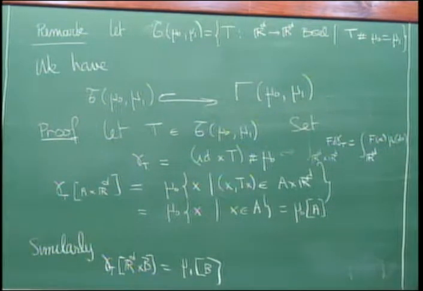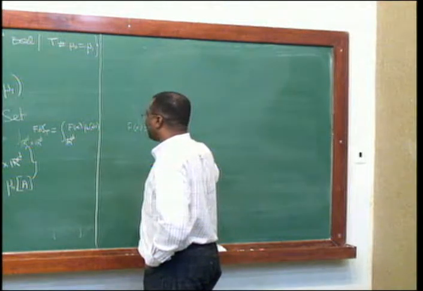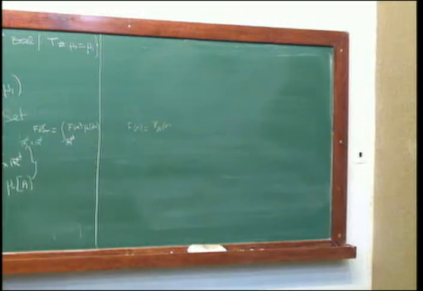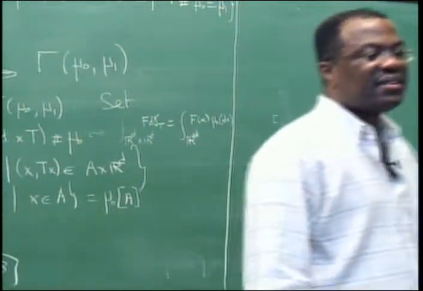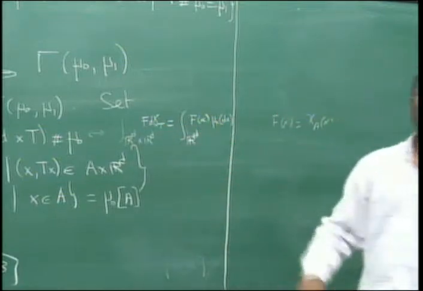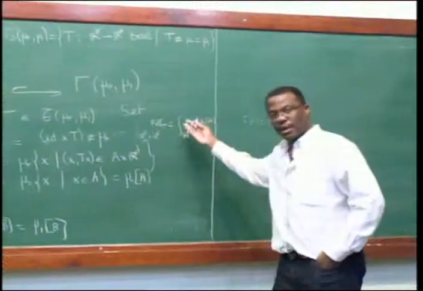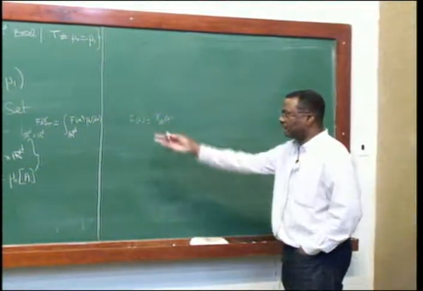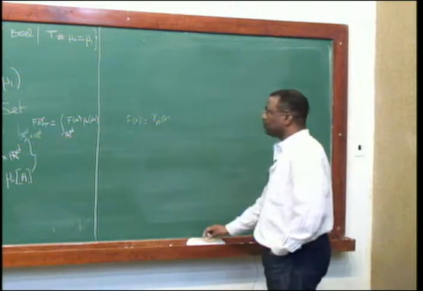So if you take f of x to be the characteristic function of A at x, you see that this identity is exactly that one. And as I said several times, if we know these two integrals are equal for characteristic functions, then since every function is a linear combination of characteristic functions, we know that it's true for every Borel function, provided that one of the left or the right-hand side exists.